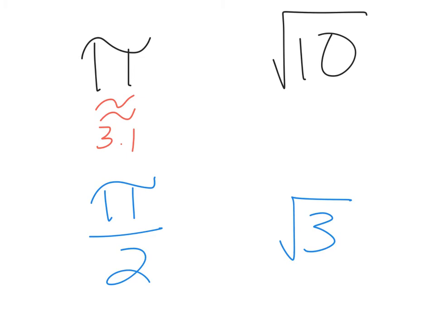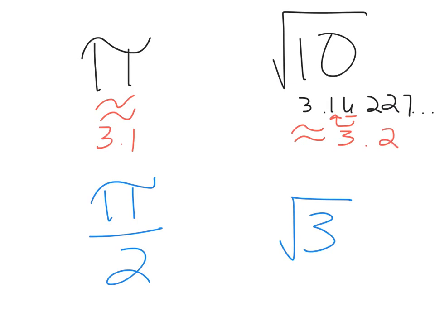If I put the square root of 10 into my calculator, I get 3.1627... When we approximate that, rounding, we get 3.2.